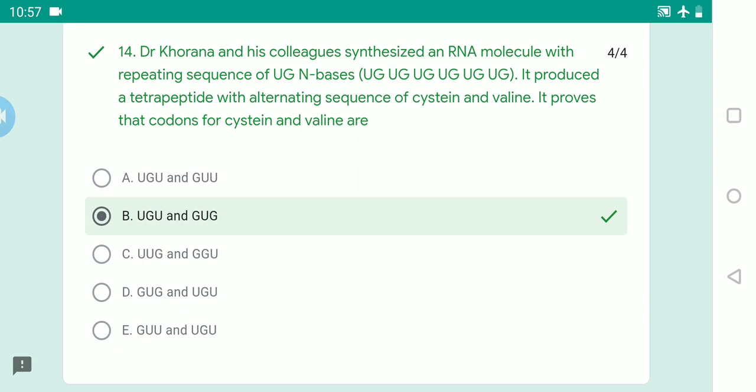It proves that the codons for cysteine and valine are UGU and GUG. Because in this UG repeating sequence, uracil always combines with guanine, and guanine always combines with uracil. So which is the right option? That is option B, UGU and GUG.